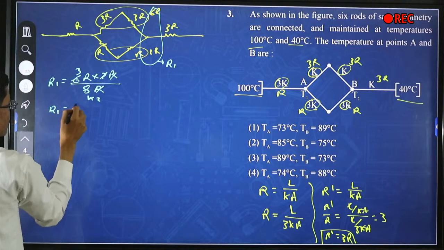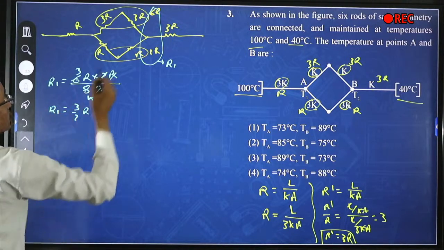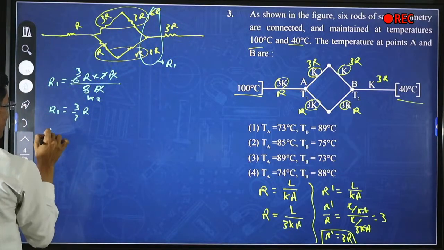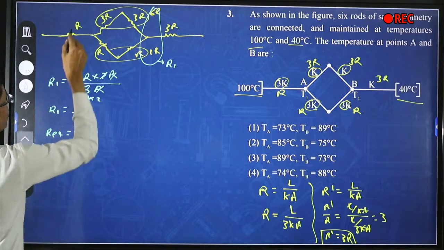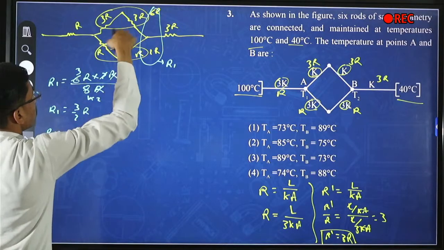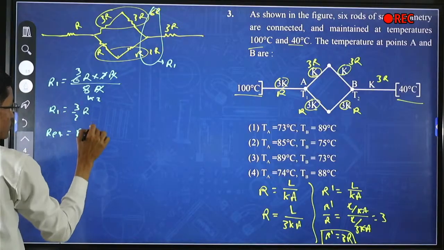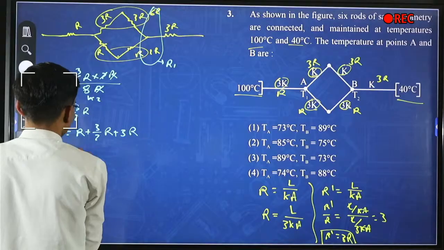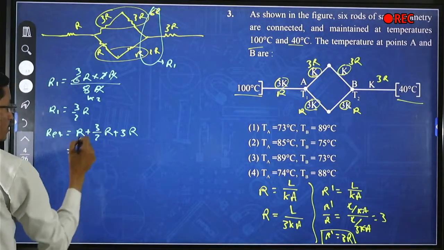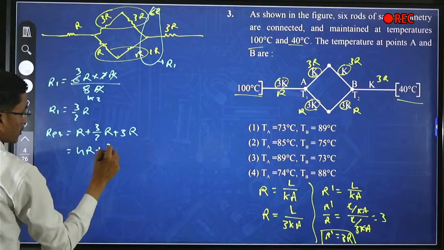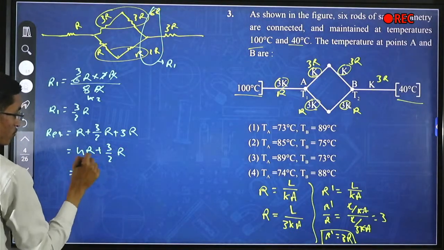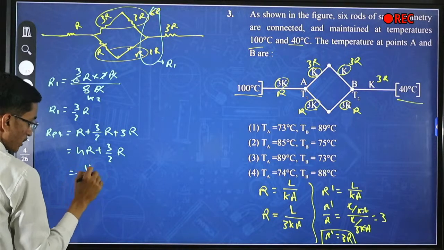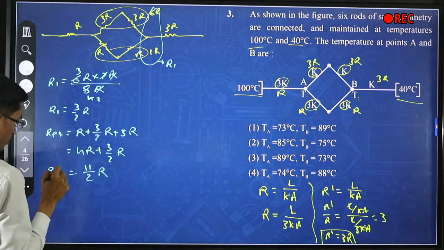So R1 becomes 3 by 2 R. So 3 by 2 R, 3R and R are in series. So R equivalent will be R plus 3R plus R1, and R1 is 3 by 2 R. So 3R plus R is 4R, plus 3 by 2 R. So 4 into 2 is 8, 8 plus 3 is equal to 11 by 2 R. This is R equivalent.